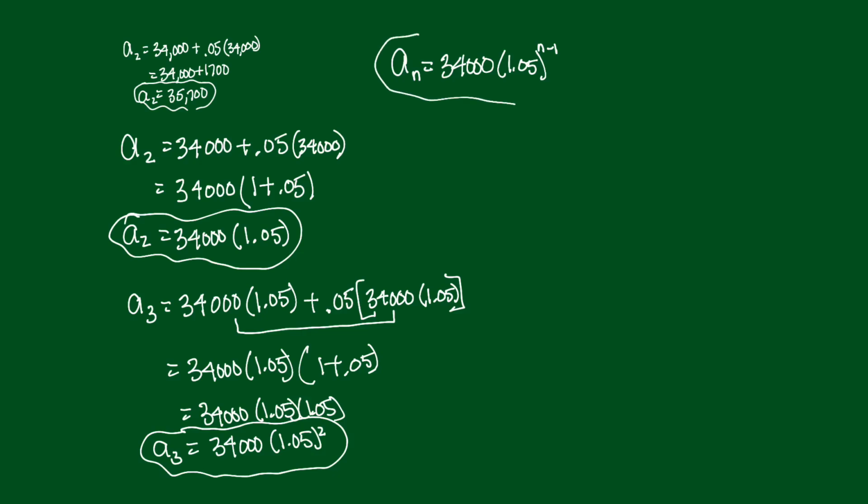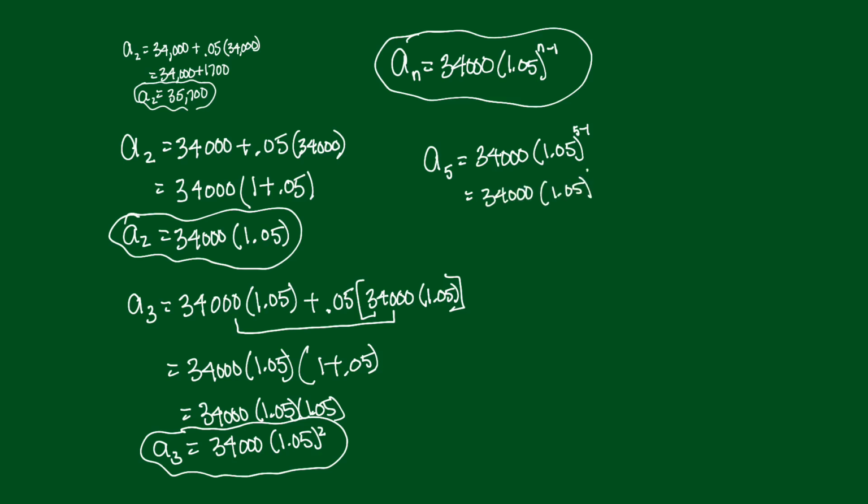So let's see if this thing actually works. I'll circle it here. What would A sub 5 be? This is after 5 years, your 5th year. The formula that we just said is 34,000 times 1.05 to the 5 minus 1. That's 34,000 times 1.05 to the 4th.